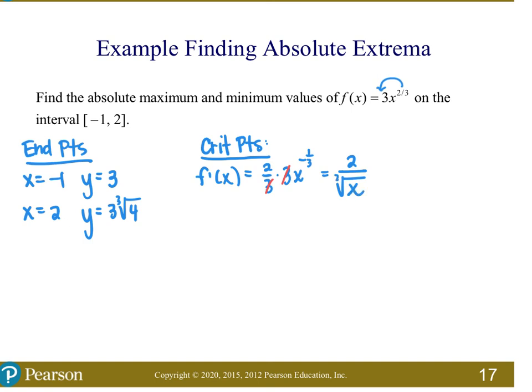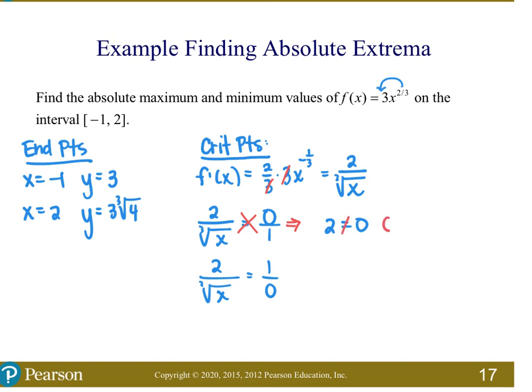So we'll set that equal to 0, and we'll set it equal to 1 over 0. In fact, I'm going to do 0 over 1. It always just makes the cross multiplying easier. So cross multiply, and we get 2 equals 0, which is not true, so no solutions there.